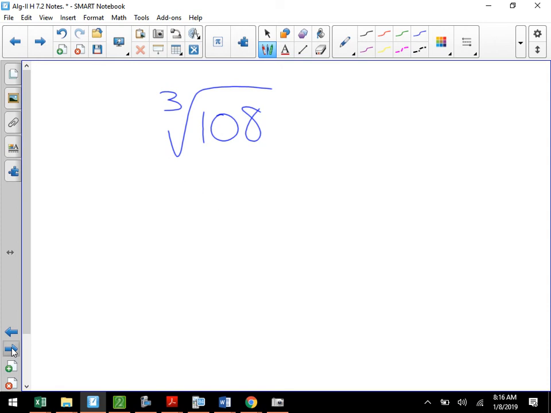What's the perfect cube hiding in the 108? We have 8?